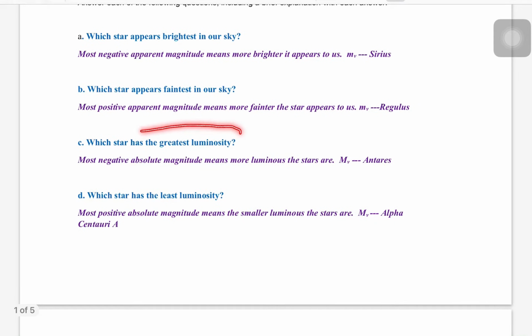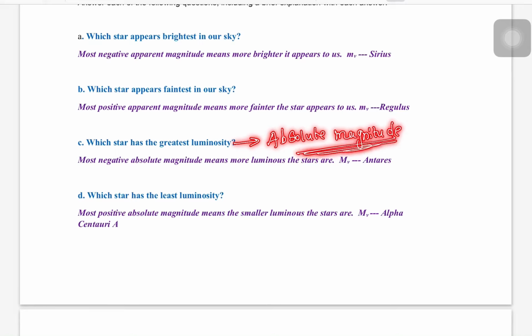Which star has the greatest luminosity? Whenever you see the term luminosity, that means you have to look for the absolute magnitude. The more negative the number is, the more luminosity it will have.